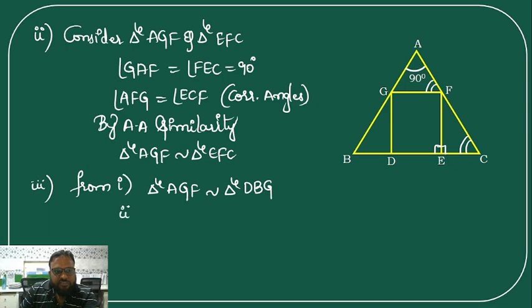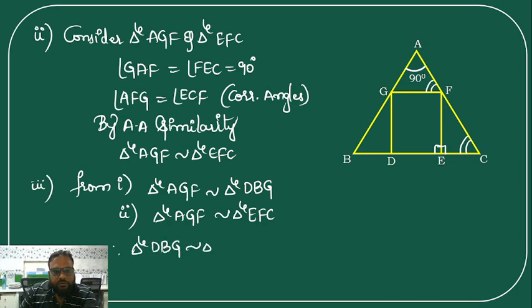And from the second condition, we proved that triangle AGF is similar to triangle EFC. So from the first and second, what can you write? Since triangle AGF is similar to triangle DBG and triangle AGF is similar to triangle EFC, therefore I can write that triangle DBG is similar to triangle EFC. This is the third condition that we had to prove.